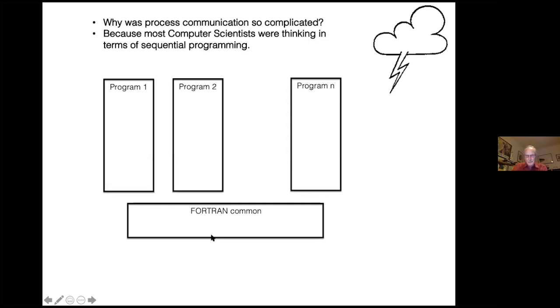What they knew was something like Fortran Common, and at some point there were inventions of signals and so on to coordinate which one was talking to which. But suppose you start with an application where you have various units, here's a telephone switch, here the telephone, different units that exist in parallel. That's your thinking from the beginning. Then you have a different mindset than if you start with sequential programming.